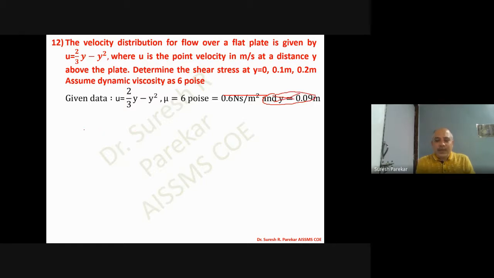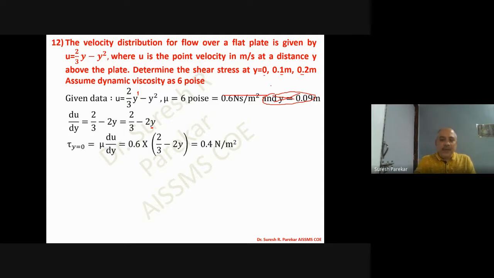And then we will go with the first. We will find du upon dy, which is equal to 2 by 3 minus 2y. We take the derivative of this, y to the power 1 becomes only 2 by 3, and y to the power 2 becomes 2y. And then we have to substitute the values of y: three values, at y equal to 0, at y equal to 0.1 meter and at y equal to 0.2 meter. We know the formula tau is equal to mu du upon dy.